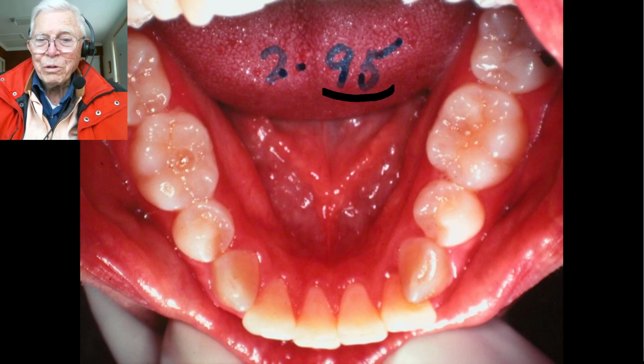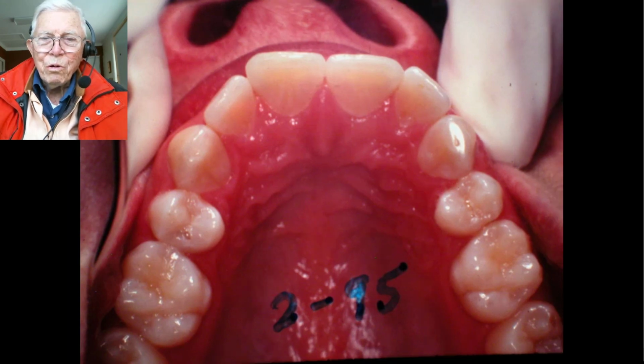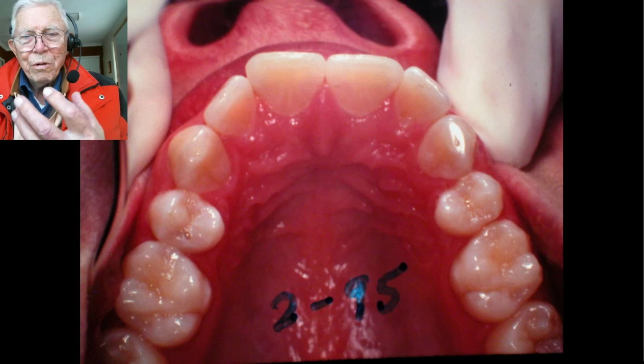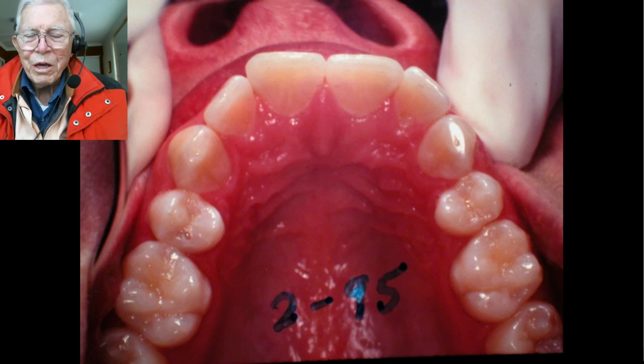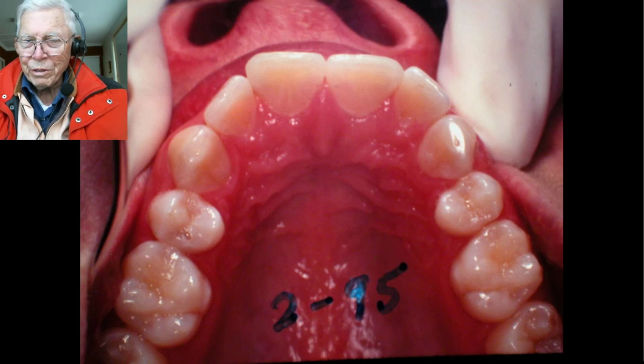So I want you to realize what you can do with very little, using nature to help you straighten teeth out. That's what you need to learn how to do. That seems to be hard for a person to learn. I don't pay a whole lot of attention to the cephalometric stuff.